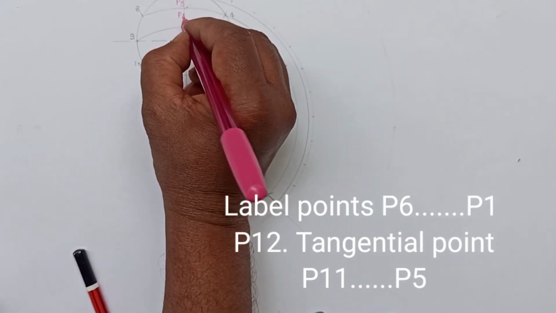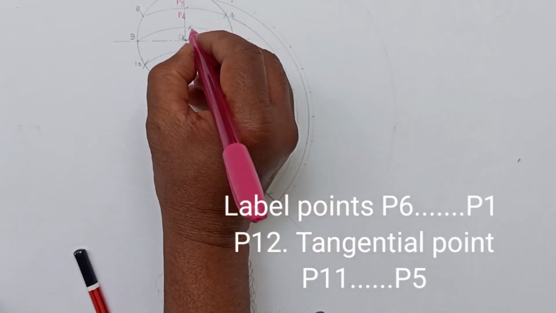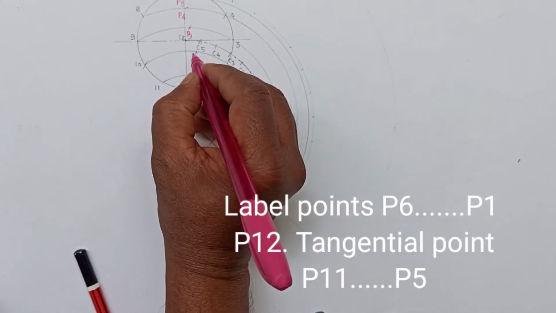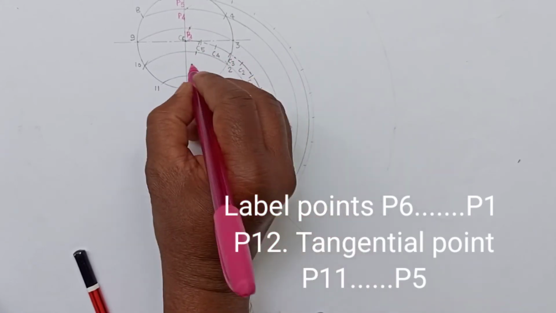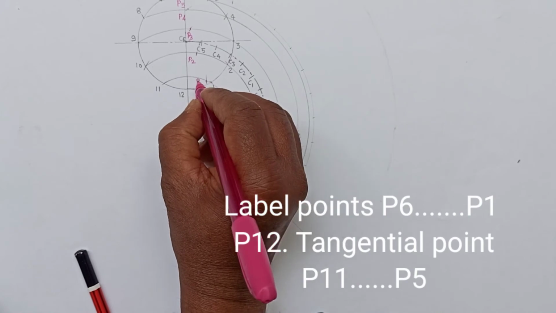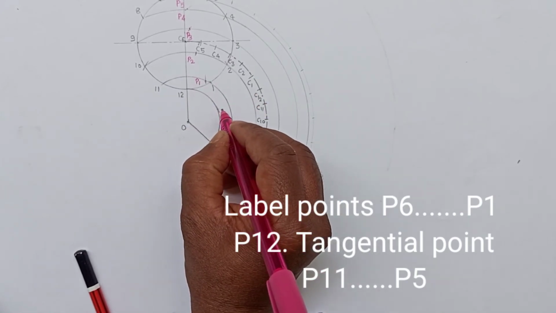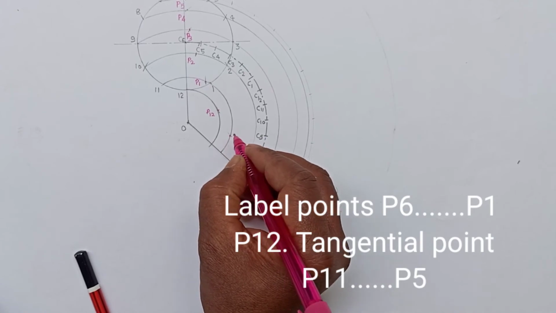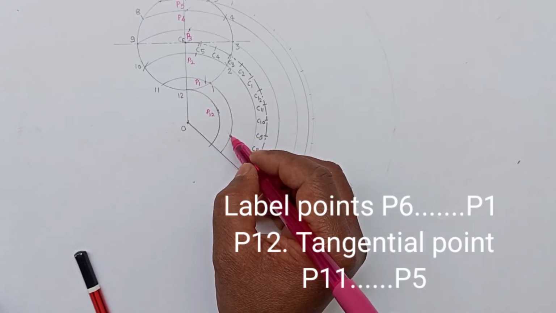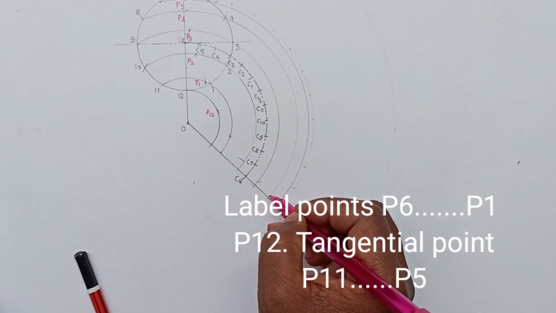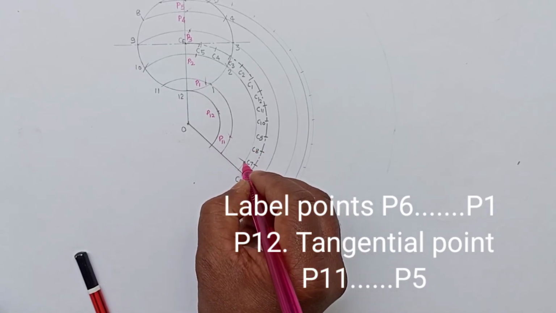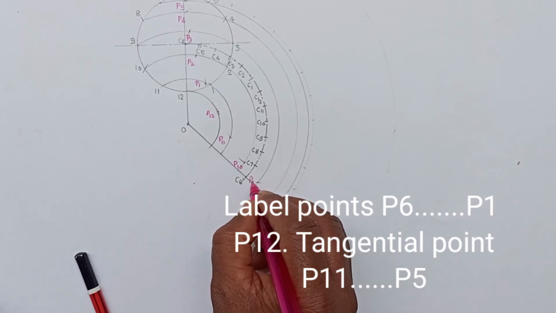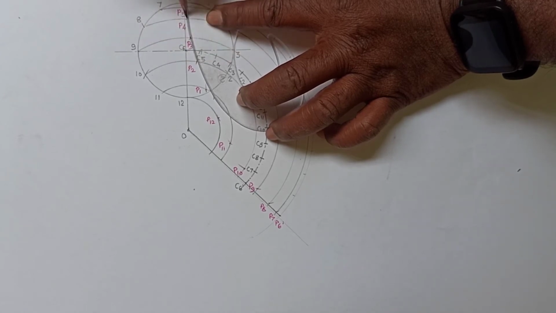Then P5, P4, P3, P1, P12, P11, P10, P9, P8. Thus all points are marked.